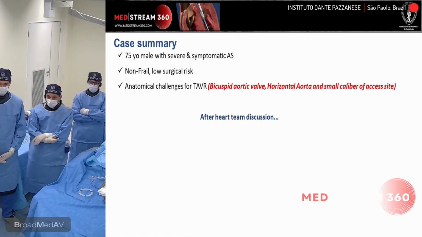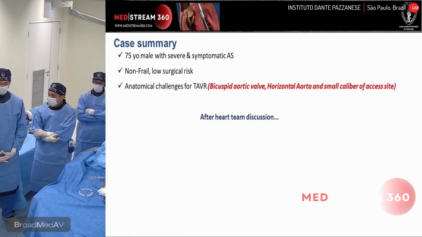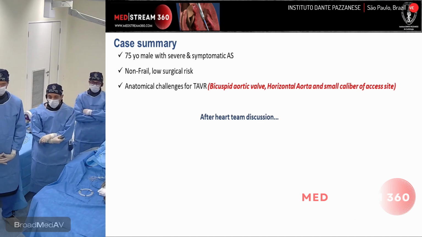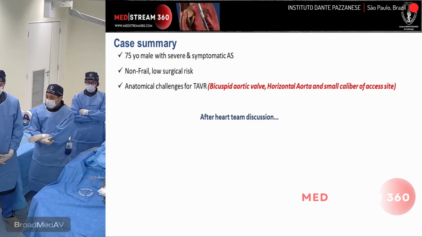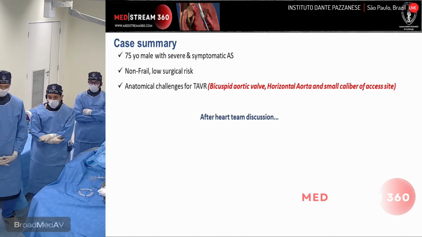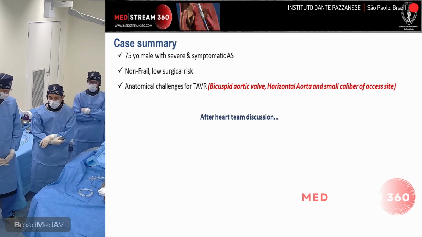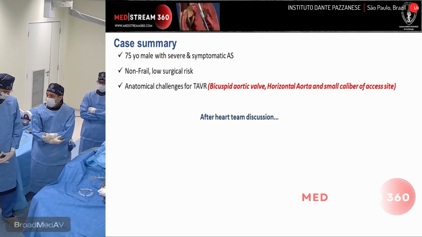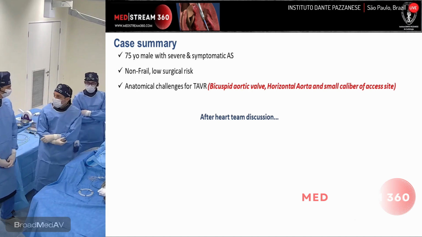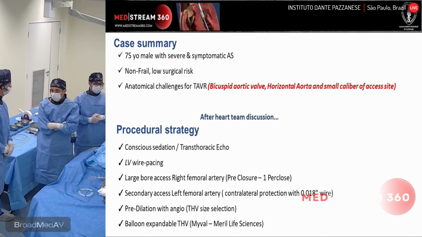So in summary, a 75-year-old gentleman, non-frail, with severe symptomatic aortic stenosis and a low surgical risk score. As anatomical challenges for this case, we can point out the bicuspid aortic valve, horizontal aorta, and small diameters of the femorals. We selected this patient for TAVR.